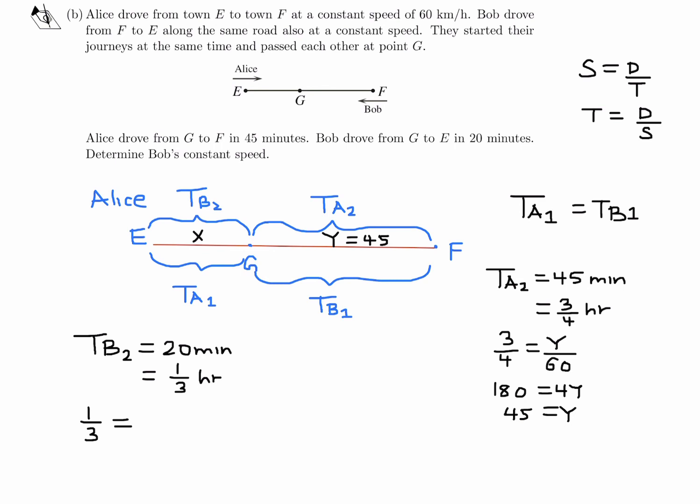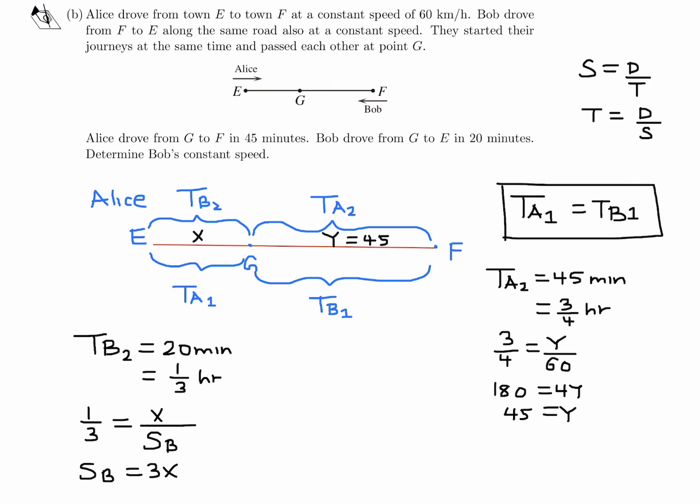So the distance in this case is x, since we're talking about TB2. And the speed, actually, we don't know. They don't give us a Bob speed. Oh, that's what we have to actually figure out. Okay, I'll just write speed of Bob. So cross multiplying, I get the speed of Bob is equal to 3x. Okay, so far so good.